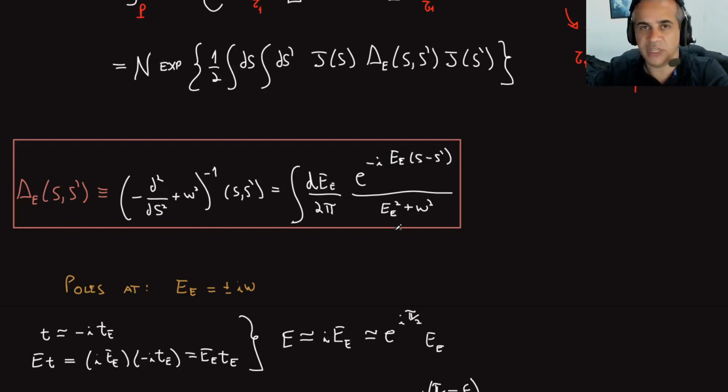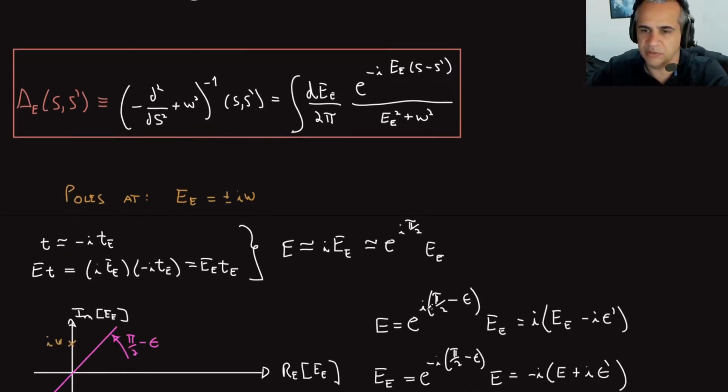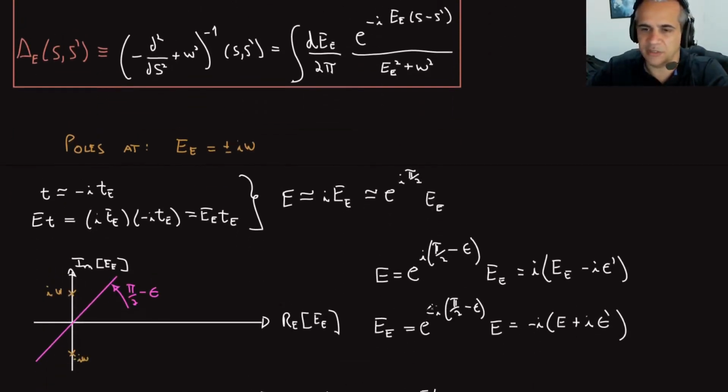I'm saying this rotation is actually an analytical continuation, and I cannot go all the way to the imaginary axis because there are poles on the imaginary axis. That's why I'm using almost i, with an epsilon. I cannot rotate the full 90 degrees into the imaginary axis. I have to stop before getting to the poles. That means that my rotation will be almost pi over 2.